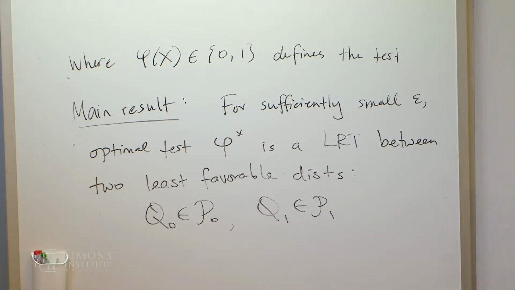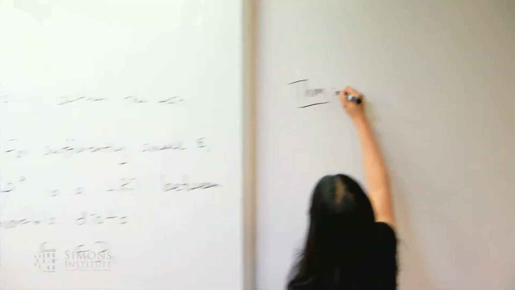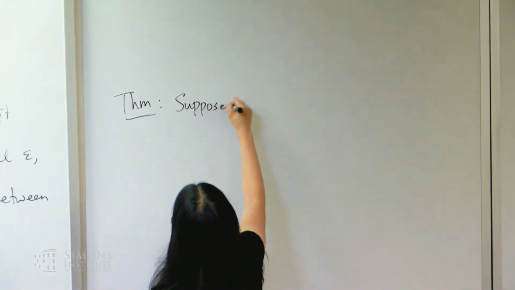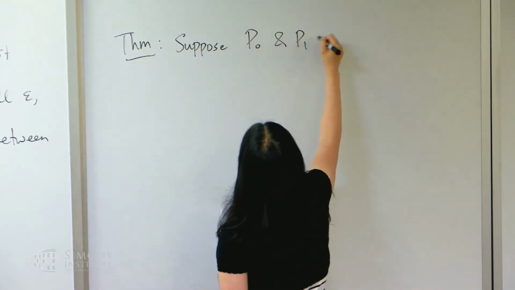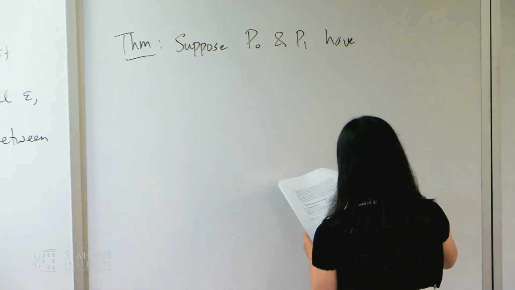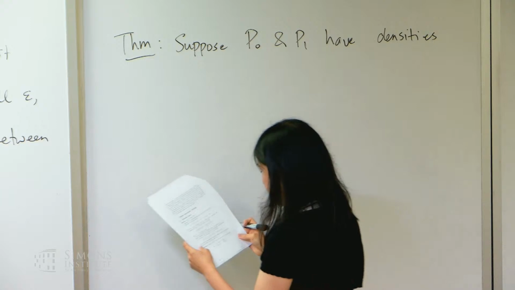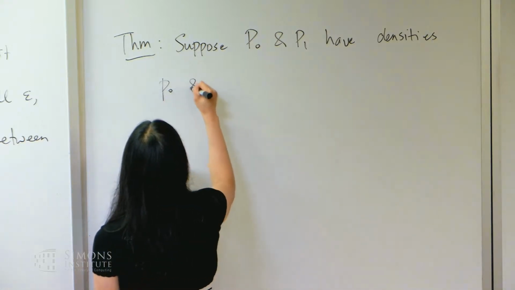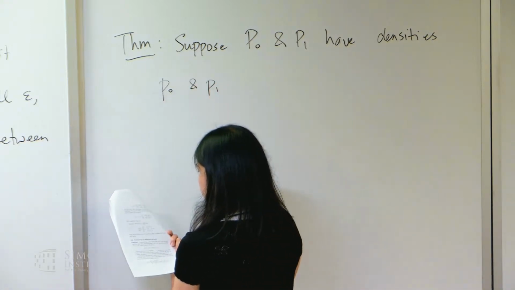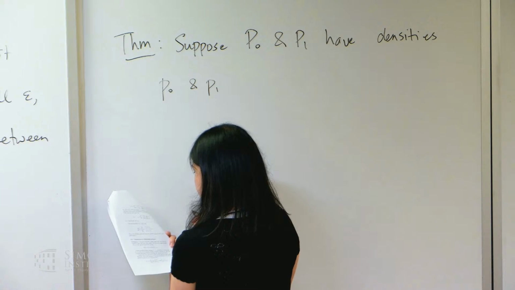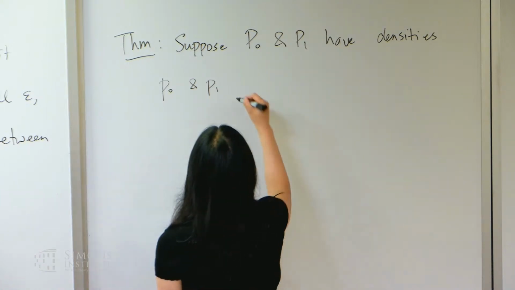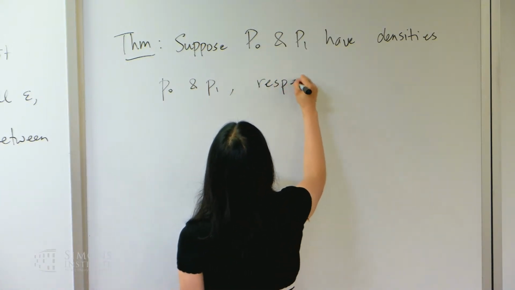So here's the theorem. Suppose P0 and P1 have densities p0 and p1 respectively.